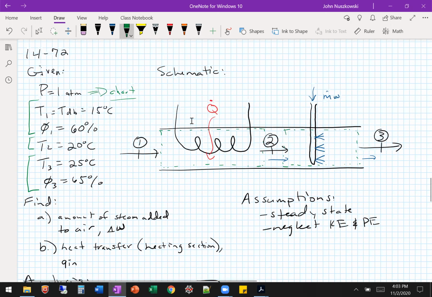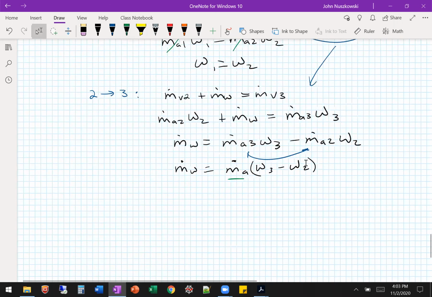It's more of a divided out kind of problem, which isn't exceptionally clear. But we divide it out, and that's our amount of water we have to inject, and the mass flow rate of dry air is just our scalar.